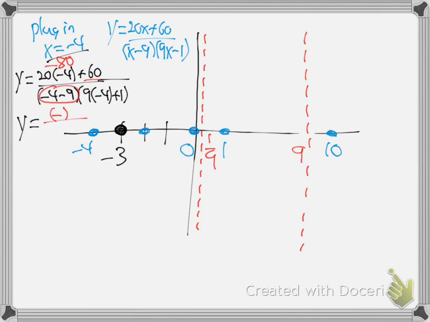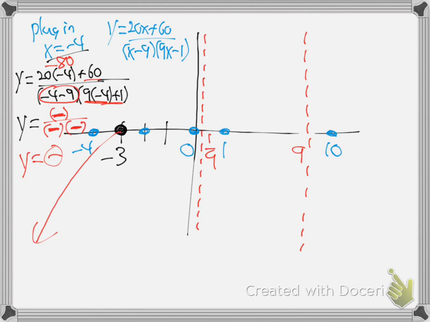Negative 4 minus 9 is negative. And negative 36 plus 1 is negative. So it's 3 negatives, which is a negative. An odd number of negatives is negative. If you have 2 negatives, that's positive. If you have 3 negatives, it's negative, doesn't matter where they are, top or bottom.